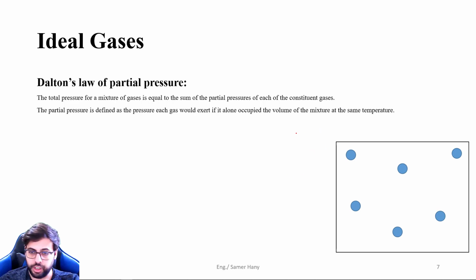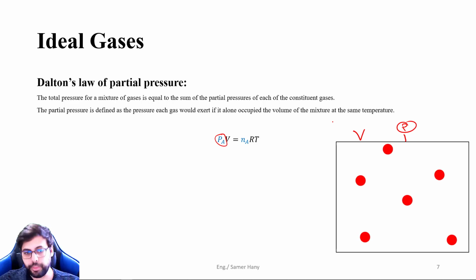So graphically representing this, we have a container of volume V, and we have gas A inside that container. If it's present alone, the pressure that we would measure for that container would be PA, which is the partial pressure for gas A since it's present alone. And if we insert a gas B into that container, the pressure gauge will also be measuring the partial pressure for B, if B is alone.